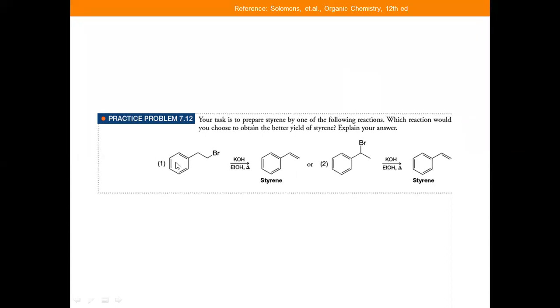Remember that in number one, when we abstract the proton, there is this other group, which is very bulky. While in this one, when we abstract the proton, there is no bulky group that could hinder us.